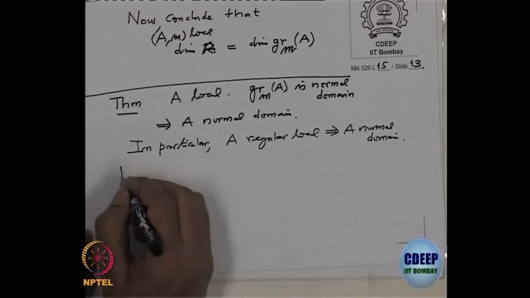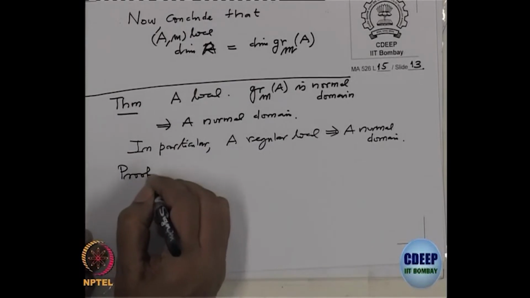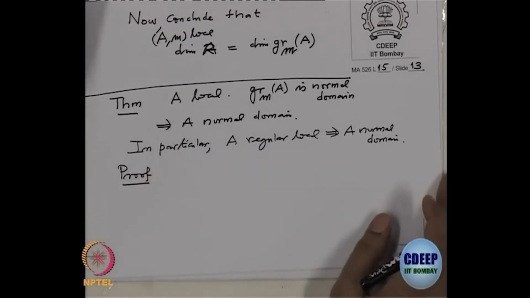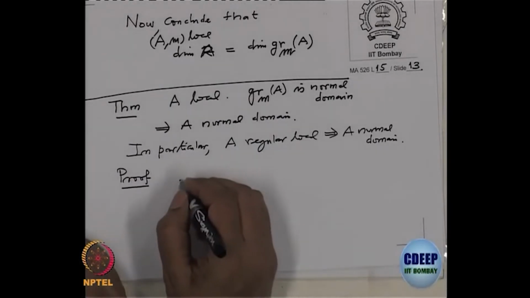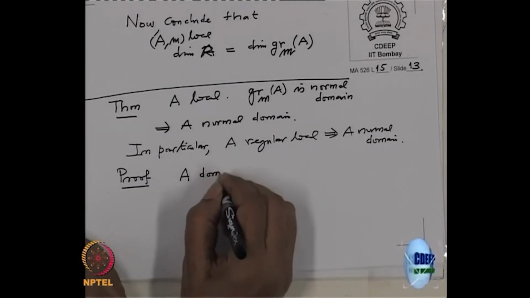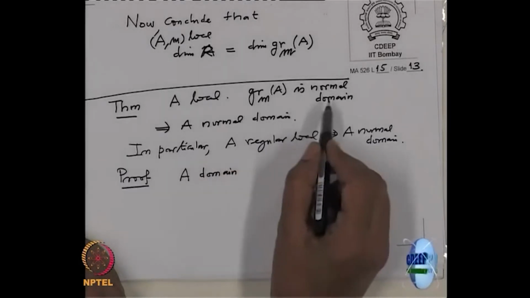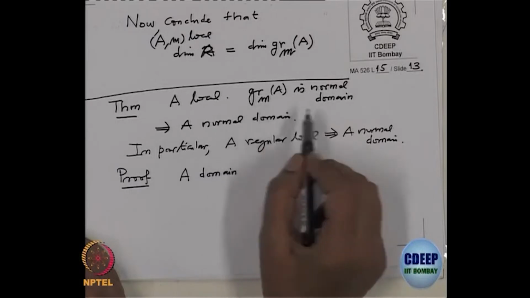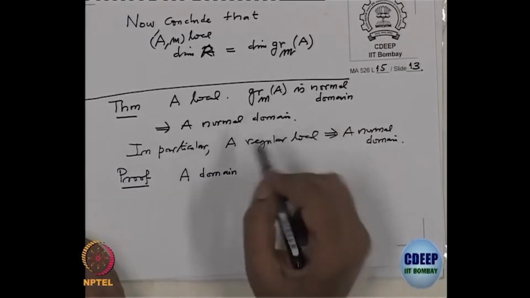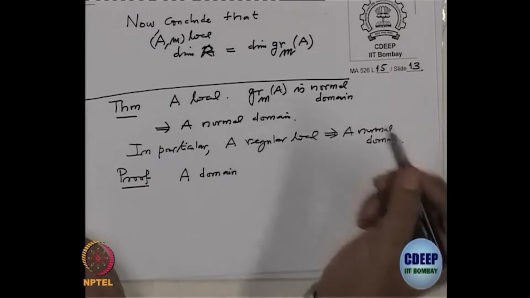Okay, so the proof is not difficult, but it is a little tricky. So, we first note that A is a domain, because we have seen last time that if the associated graded ring is a domain, then A is a domain. This we have seen last time.